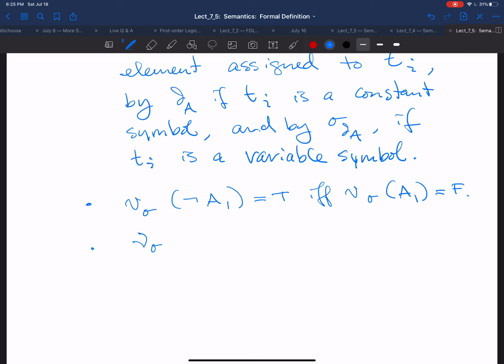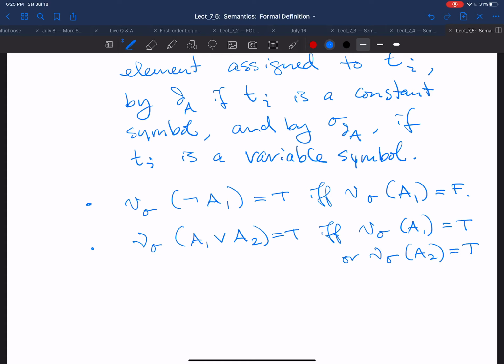So, for instance, if A is a disjunction, A1 or A2, then its truth value will be T if and only if either v sigma of A1 has the truth value T or v sigma of A2 has the truth value T. And of course the definition is similar for other binary operators.